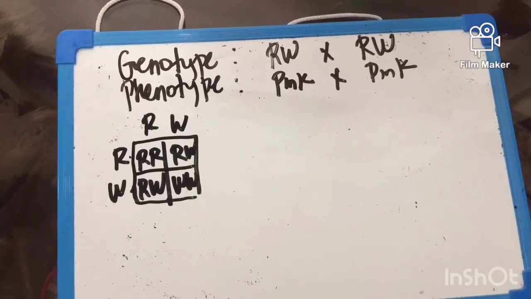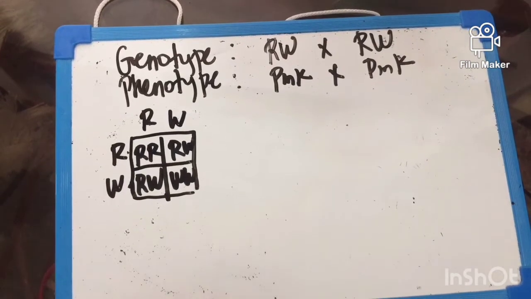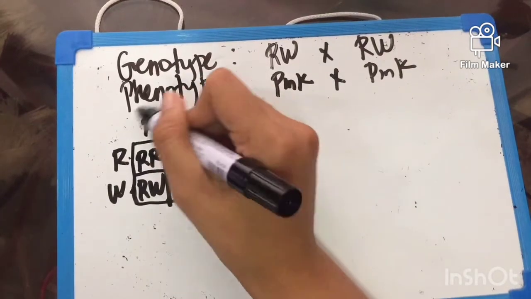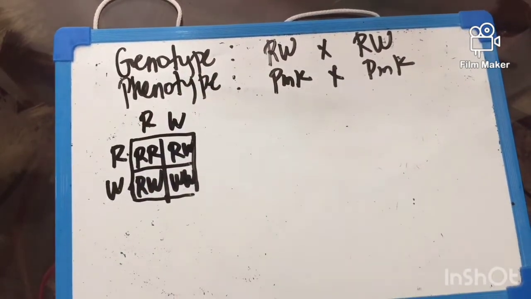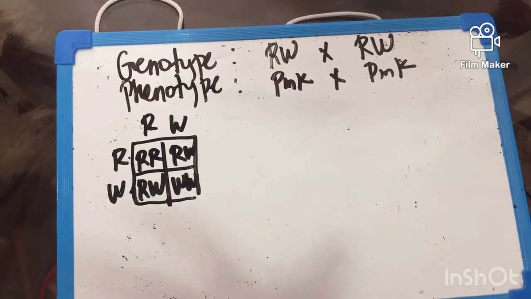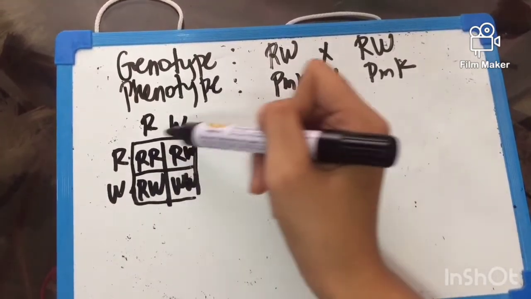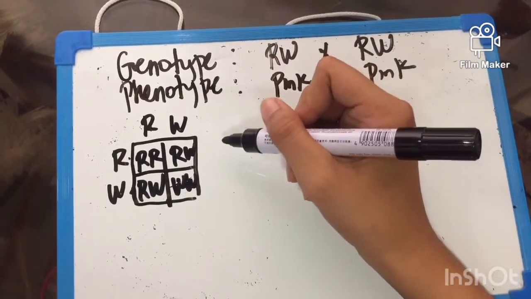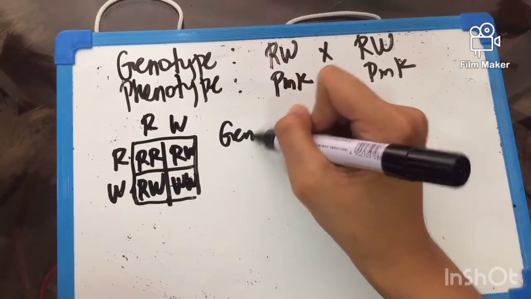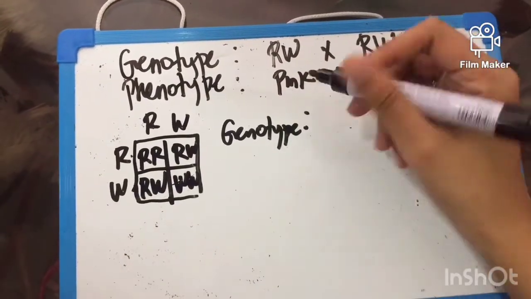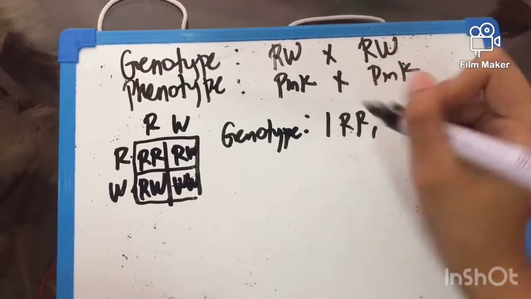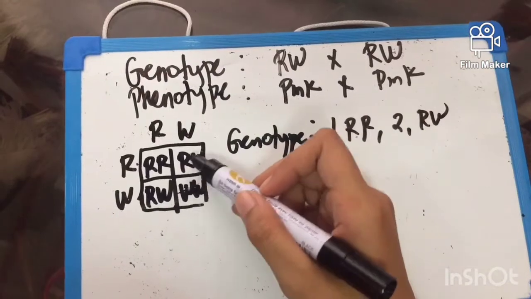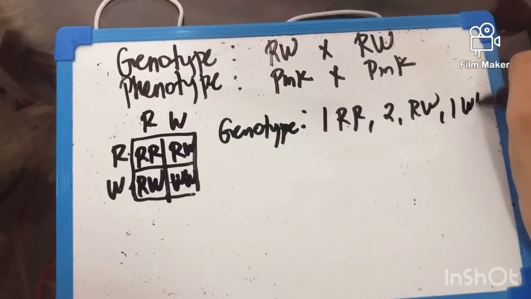So these are the possible offspring between pink and pink. These are the parents, so these are the genotypes of the parents, and the offspring are their sons and daughters or children. So we have the genotype of the offspring: 1 RR, 2 RW, and 1 WW.